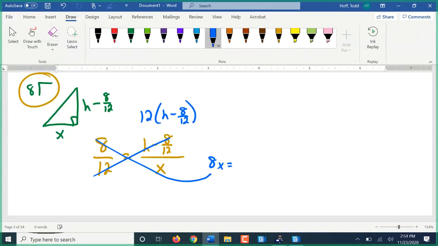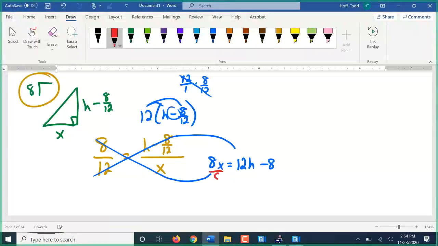It's going to look like this. Then I have to distribute the 12. 12 times h is 12h. 12 times negative 8/12. Well, 12/1 times 8/12, the 12's just cross cancel. That's just 8. But we can't forget there's a negative 8. So that's 8x equals 12h minus 8. And now I can divide by 8 to solve for x.